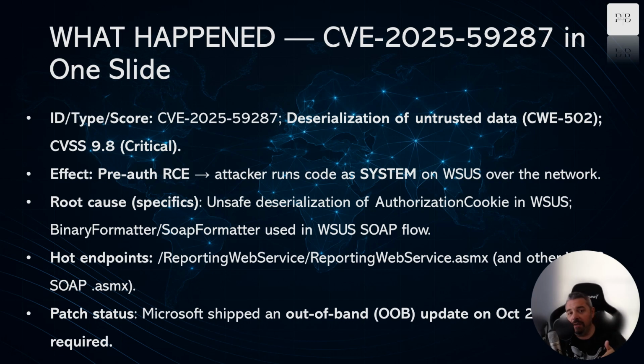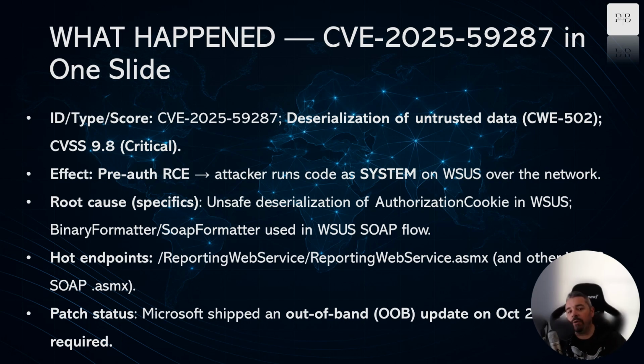This CVE is a pre-auth remote code execution bug in WSUS. Think of it as a way to send a poison SOAP package and have the WSUS server run it as SYSTEM. The root cause is unsafe deserialization, classic CWE-502, where WSUS used the .NET BinaryFormatter / SoapFormatter on untrusted data.